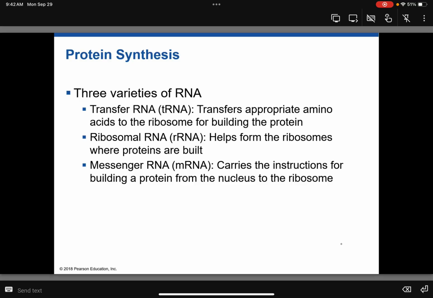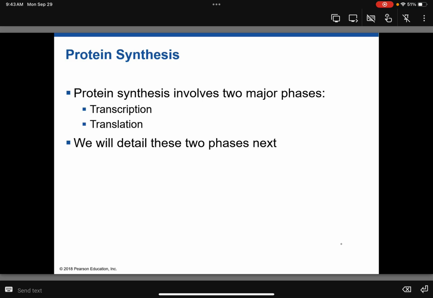And it takes that message to the ribosome, where the tRNA brings in the amino acid. The two processes of protein synthesis are transcription and translation.